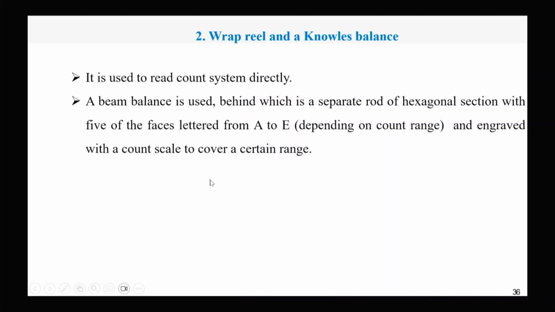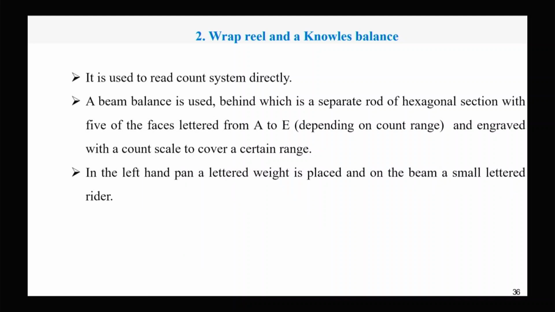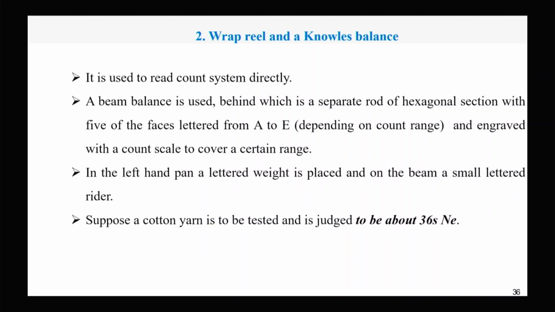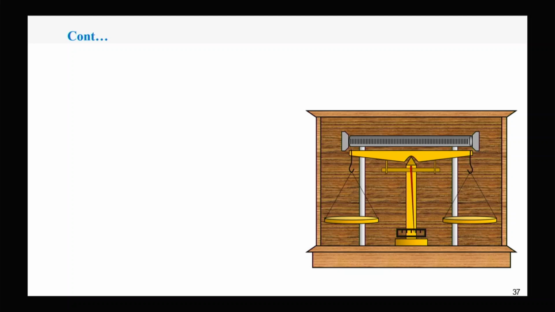Then the wrap reel and the Knowles balance. There are different methods available. In the Knowles balance, for different counts we take a small lea. In earlier days, electronic weighing balances were not available, and measuring a small mass was difficult.